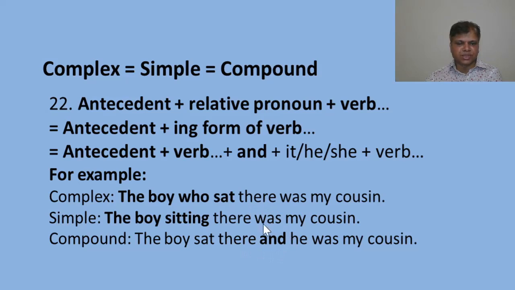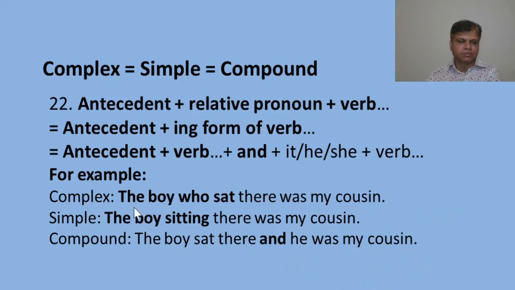Then we have to use and, then we have to use he, she, it. Here he is used instead of the antecedent. Here the antecedent is the boy. So instead of the boy, we have to use the pronoun he. Then the rest of the sentence.